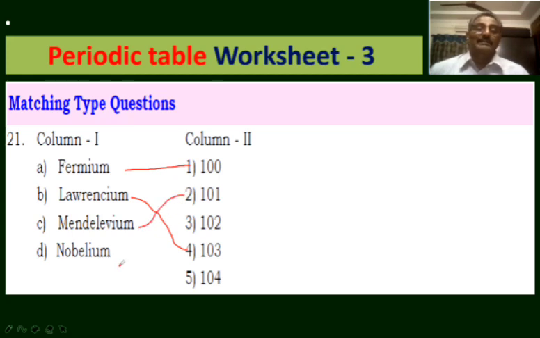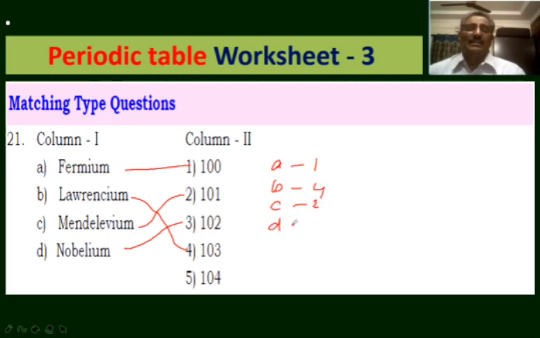Atomic number of mendelevium is 101 and atomic number of nobelium is 102. Fermium, mendelevium, nobelium and lawrencium with atomic numbers 100 to 103. So here the correct match is A1, B4, C2 and D3. A1, B4, C2 and D3 is the correct match.